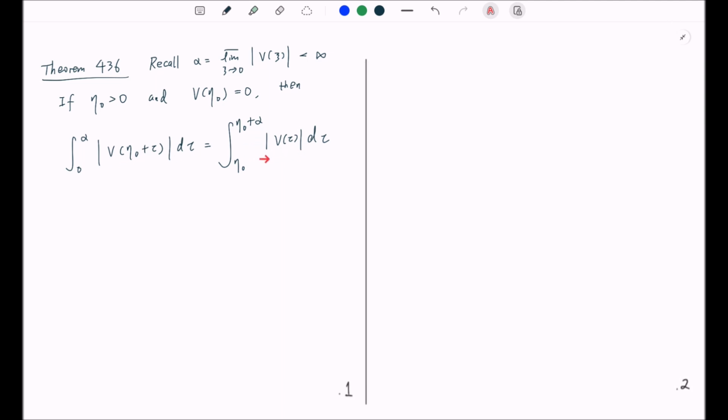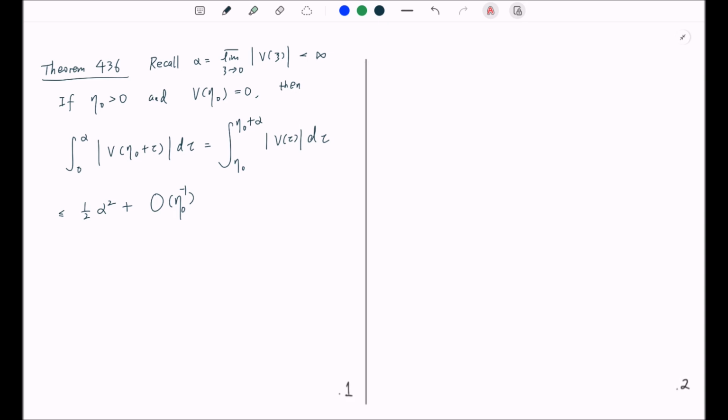This part is just by changing variable. The conclusion of this lemma says this integral is bounded by 1/2 times alpha squared plus big O of eta naught inverse.